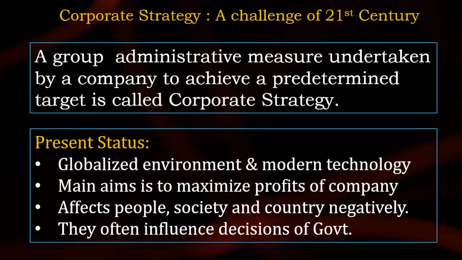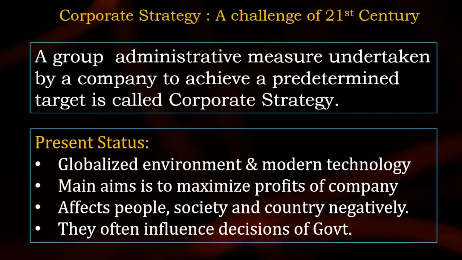In the present day modern world, with high levels of a global environment and modern technology, the main aim of corporate strategy at present is to maximize profits of the company. The main objective, the very purpose of these big multinational companies is to maximize profits.